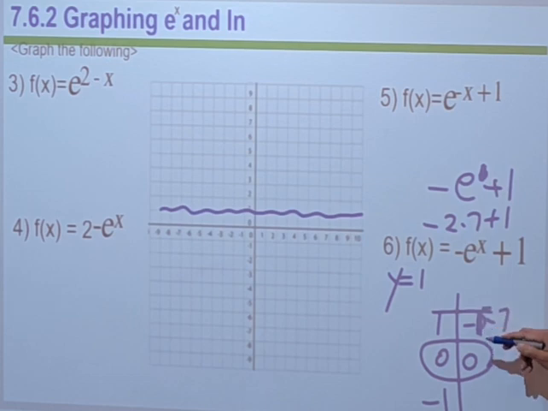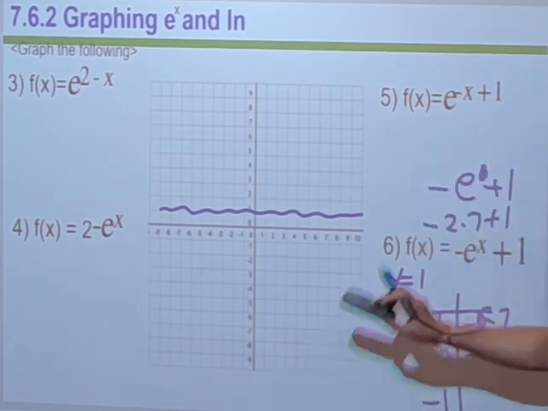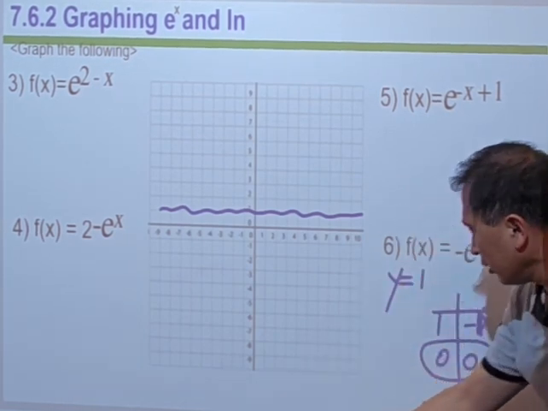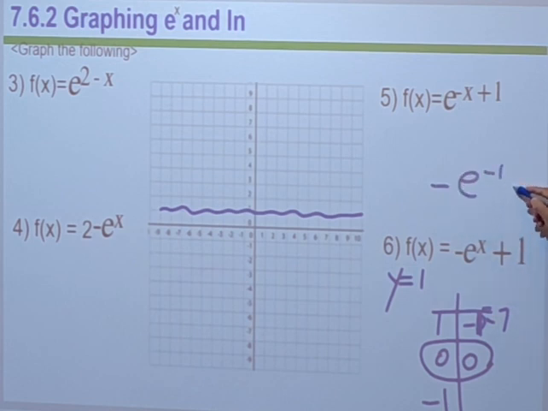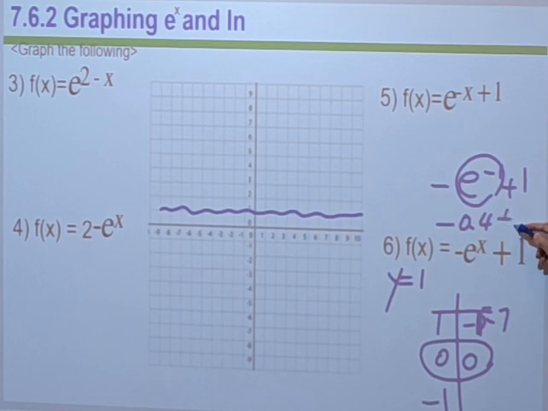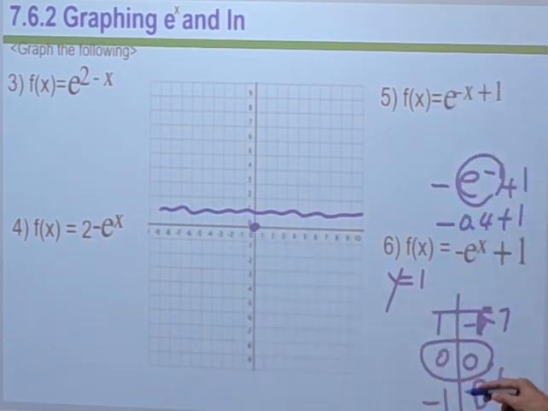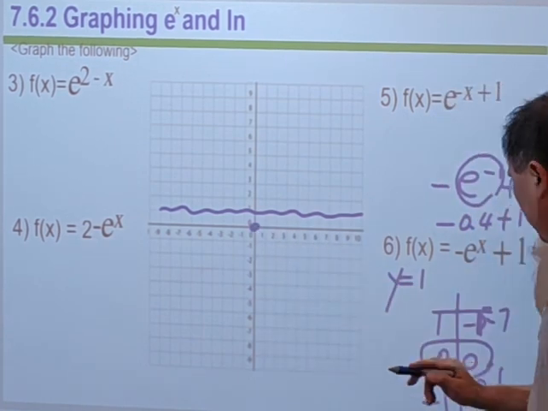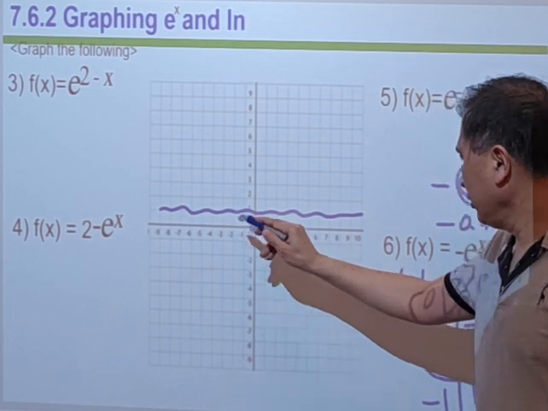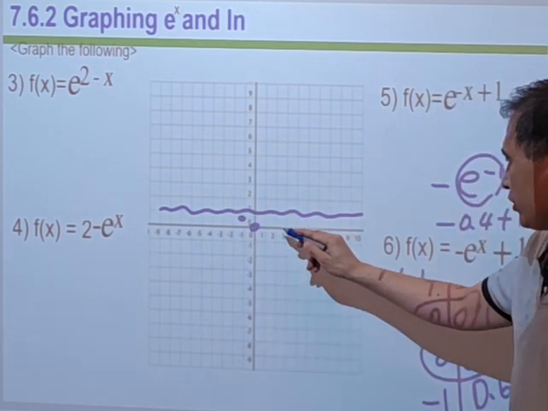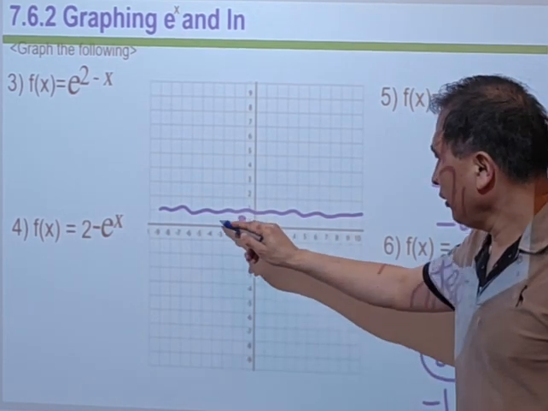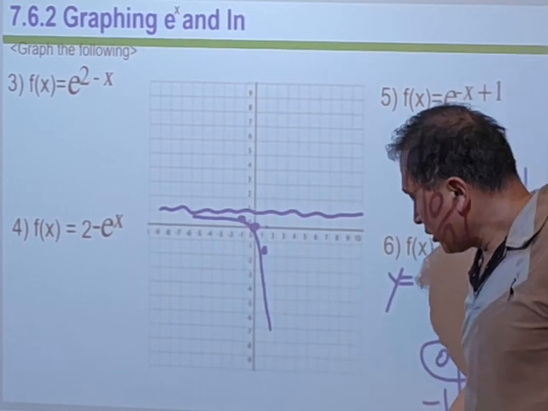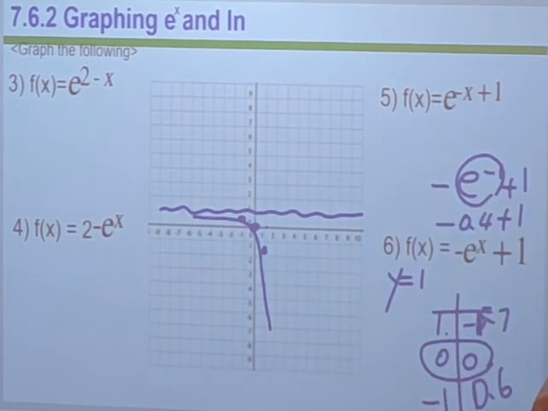And for negative 1, negative e to the negative 1 power plus 1, this is about 0.4, so negative 0.4 plus 1, that's about 0.6. So we plot the points, 0, 0 right here, and negative 1, 0.6 right there, and 1, negative 1.7 about here. So the graph looks something like that. You can draw the graph of e to the x power like this.